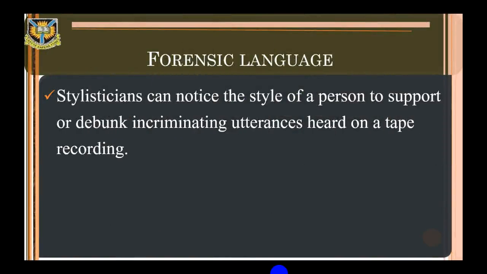Stylisticians can notice the style of a person to support or debunk incriminating utterances heard on a tape recording.